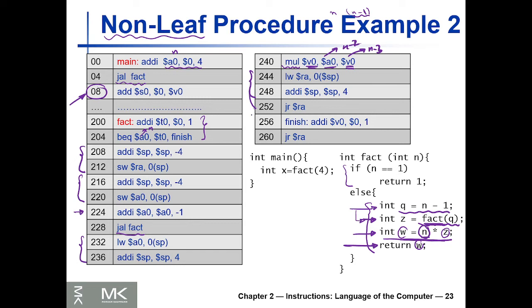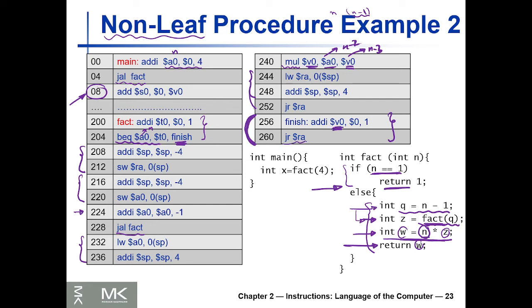One thing that we forgot to mention here is these two lines. So we said here, if n equal to 1, return 1. Okay, so we did the comparison, but we didn't see this finish label. So here is the finish label. When we do the finish here, basically we're gonna set v0 to 1.